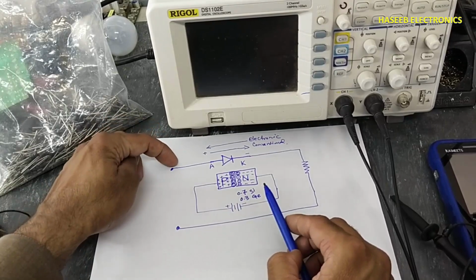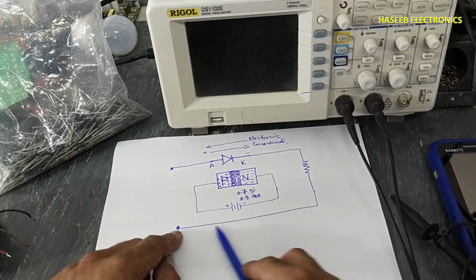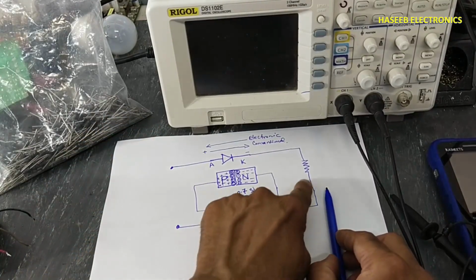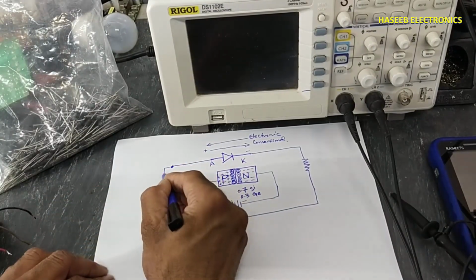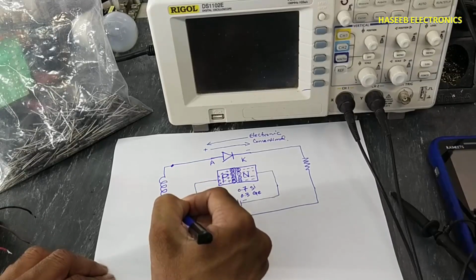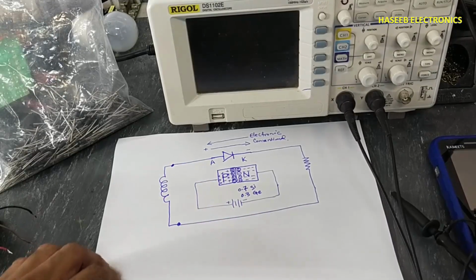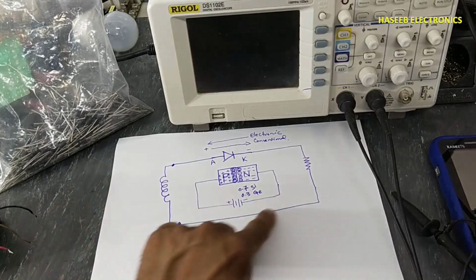If this end is positive, this end is negative. It is connected to some load and then it reaches the cathode. It completes its circuit. It will allow the current to flow.